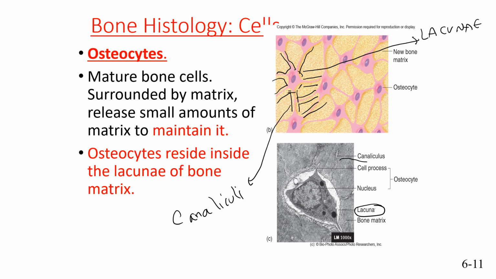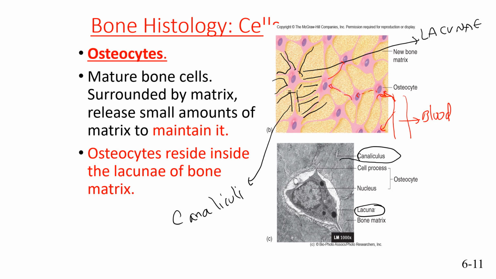There is a little canal called canaliculi. Those bone cells closest to blood vessels are able to gather oxygen and nutrients and will pass those along to the cells farther away via canaliculi. That's how osteocytes keep each other alive.